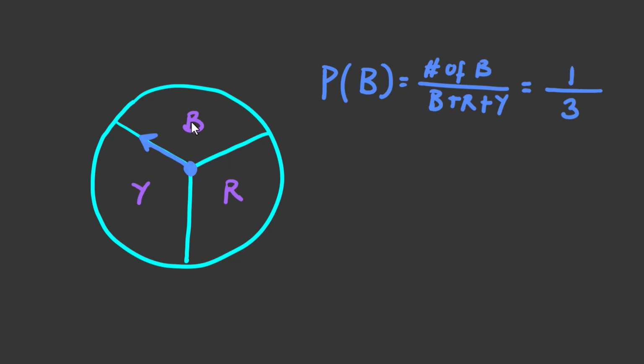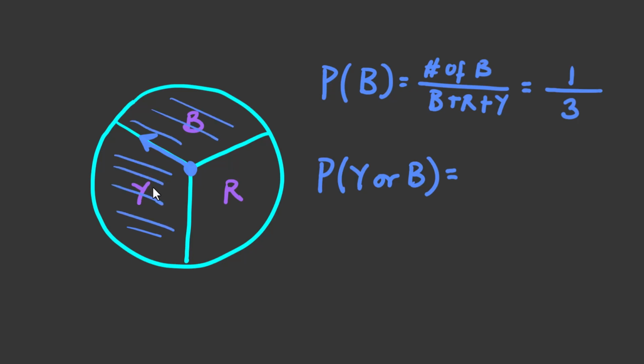Now, another question might be, what is the probability of getting a Y or a blue? This implies that Y is a favorable outcome alongside blue. So either getting Y or blue means that we are accounting for all this space right here, which implies that our Y plus our blue is divided by the total possible outcomes.